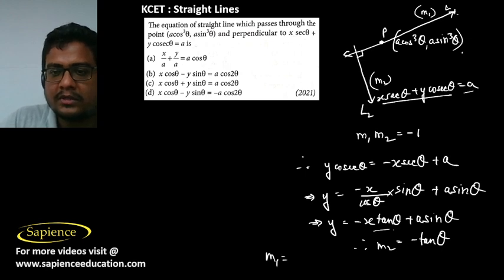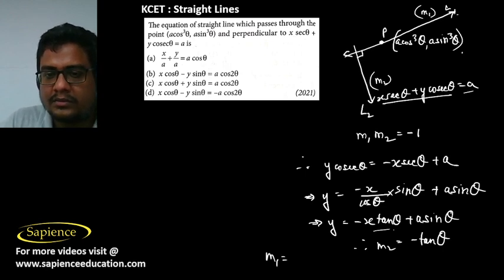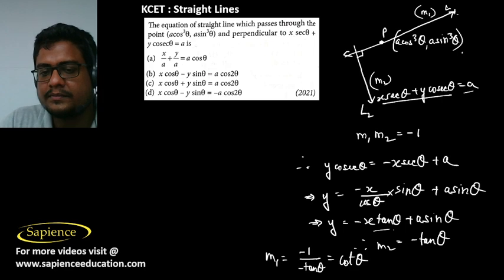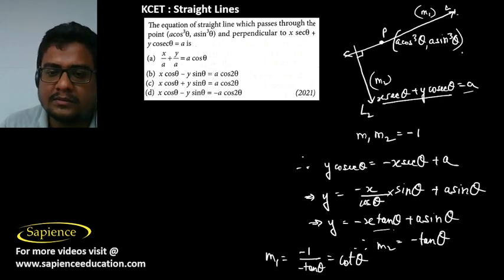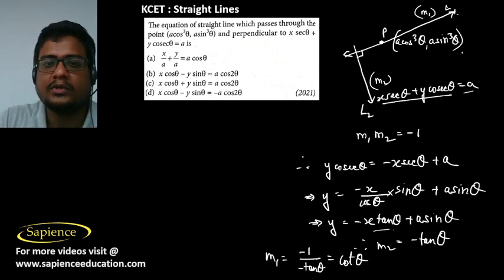Therefore m1 should be equal to -1/m2, so -1/(-tanθ) equals cotθ. So m1 is cotθ, and the line passes through this point.